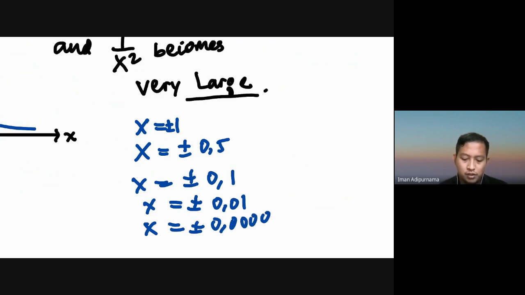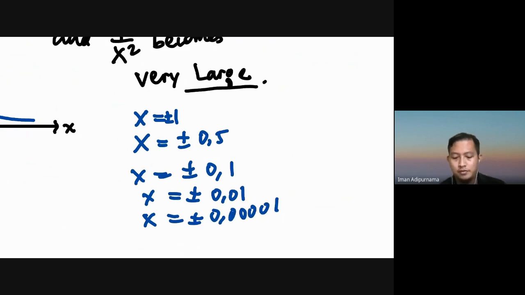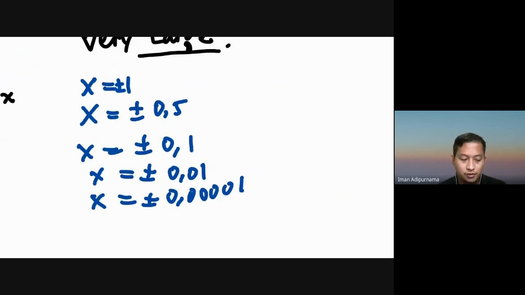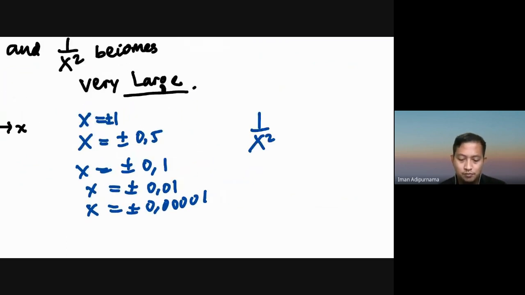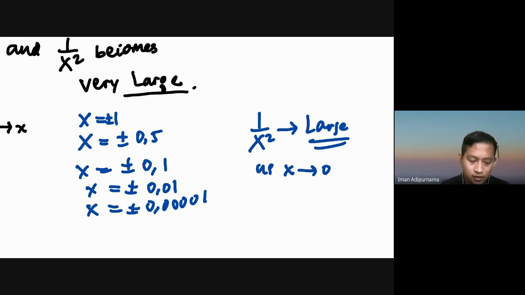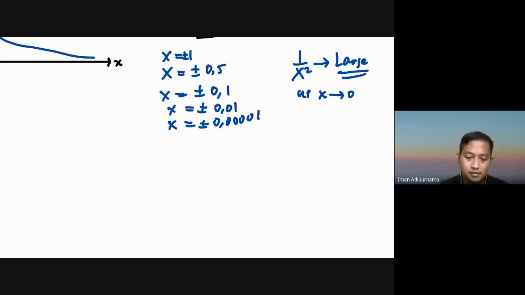You can put a lot of 0s in the decimals, and you will see that the results for 1 over x squared will be very, very large as x approaches 0. Now we can write this case.